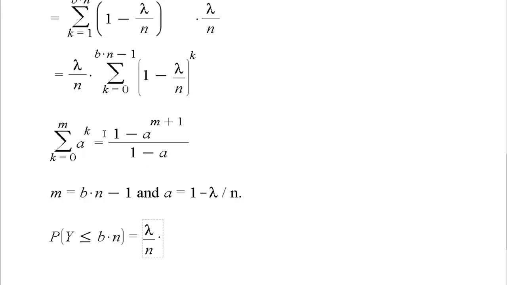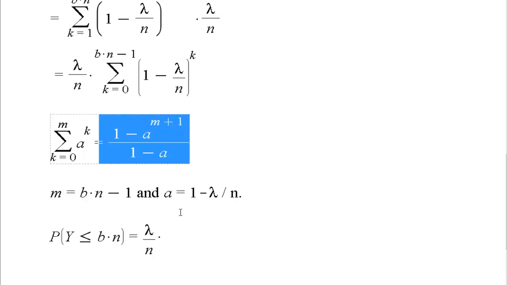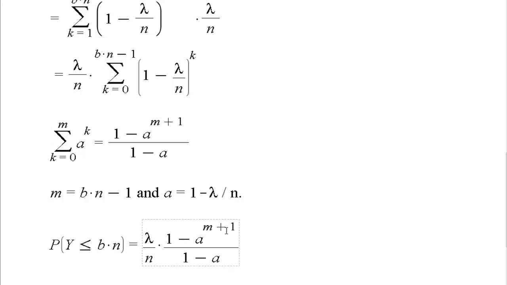And then times my formula for a geometric sum, but a is going to be replaced by 1 minus lambda over n.